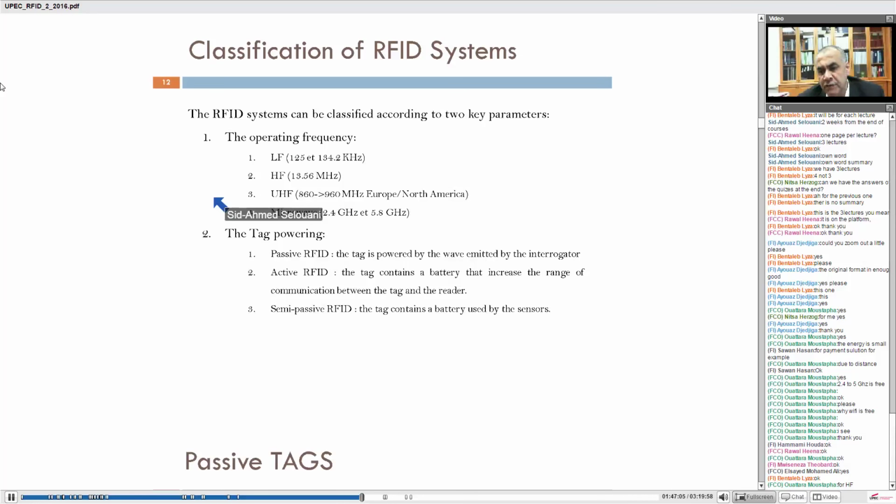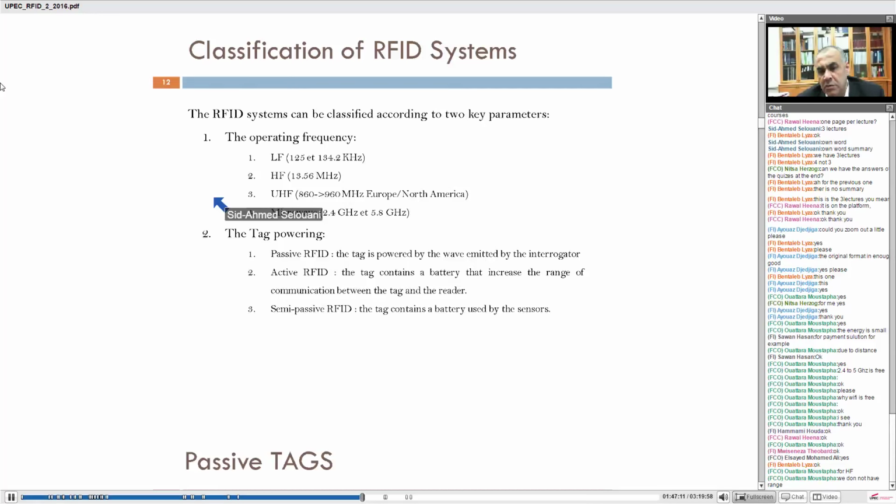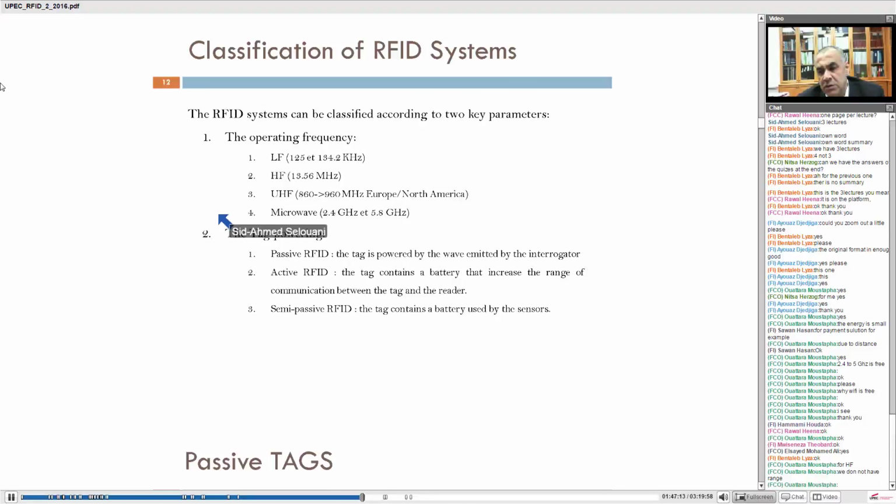You have to remember these values. Okay. The tag powering: passive, active, semi-passive. So you know that. So just to recall and to summarize.